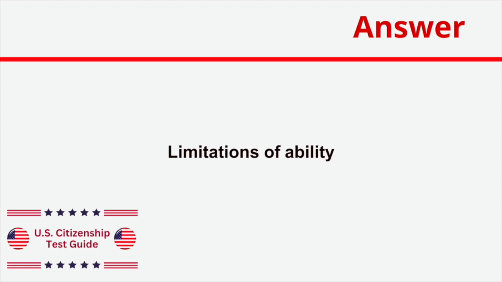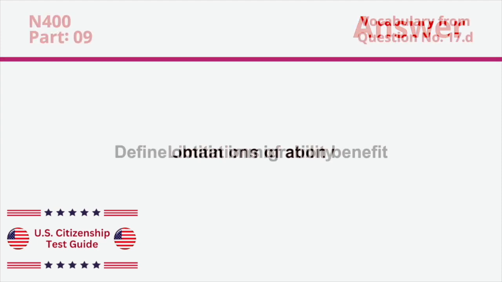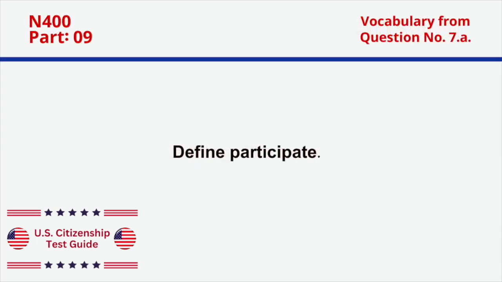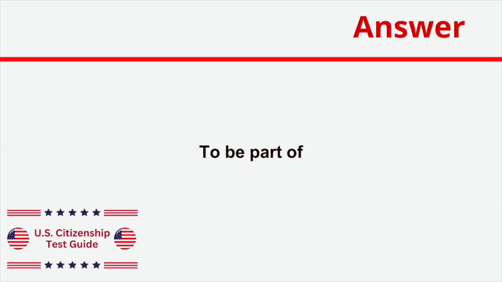Limitations of ability. Define obtain immigration benefit. To gain things like a green card. Define participate. To be part of.